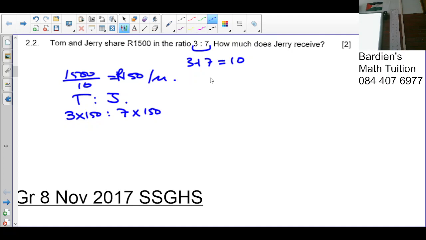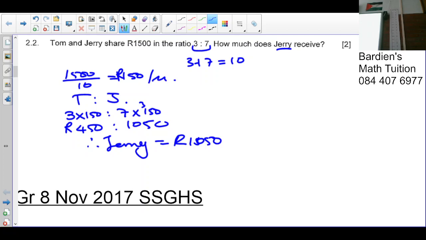So that's going to give you 450 Rand for Tom, whilst Jerry is going to get 7 times 150, which is 1,050. Okay. The question says how much does Jerry receive? So therefore, Jerry would get 1,050 Rand.